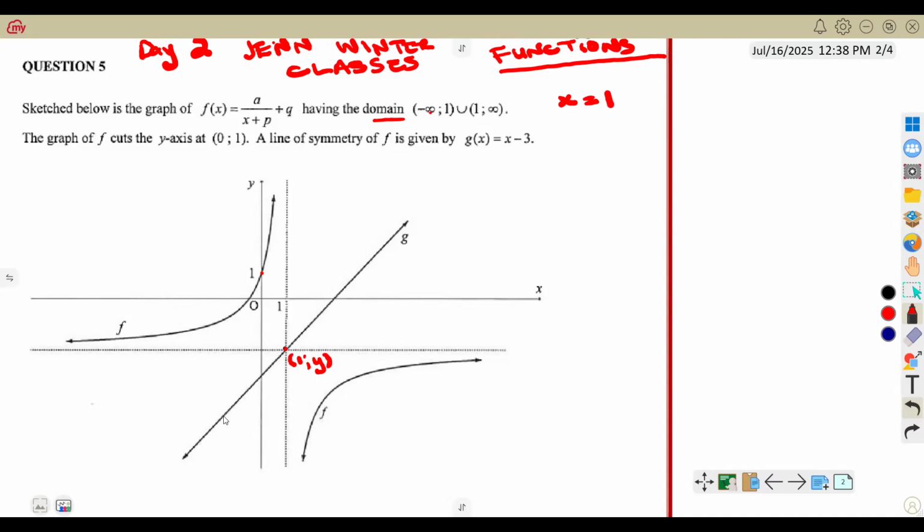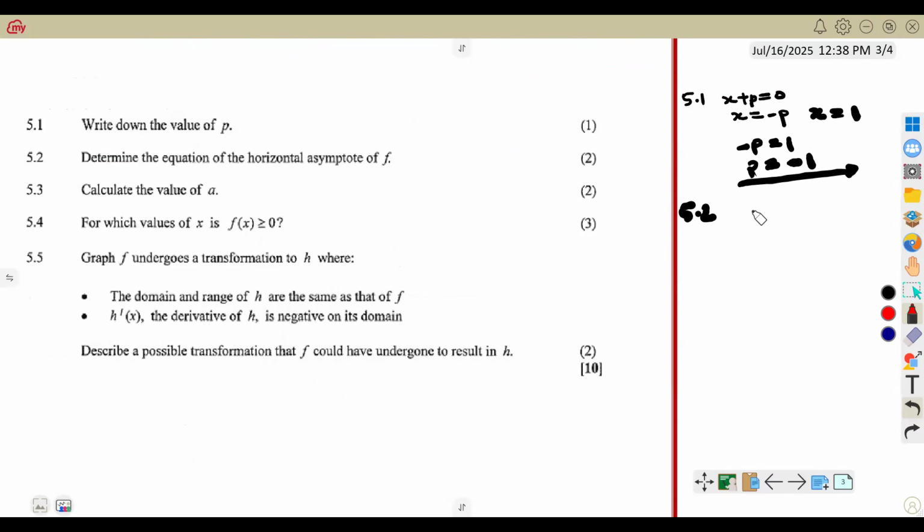But we know that it lies on g(x), and g(x) has the equation g(x) equal to x minus 3. So we are going to substitute, with g(x) equal to x minus 3.